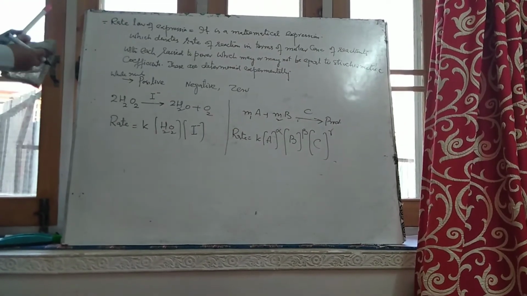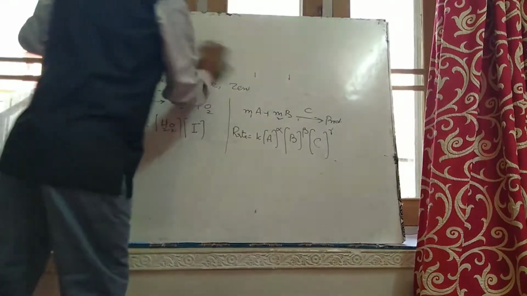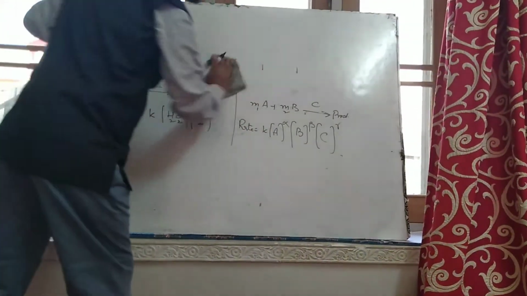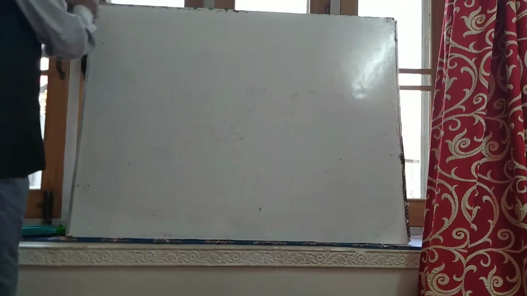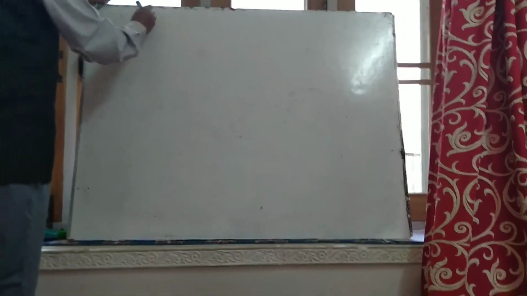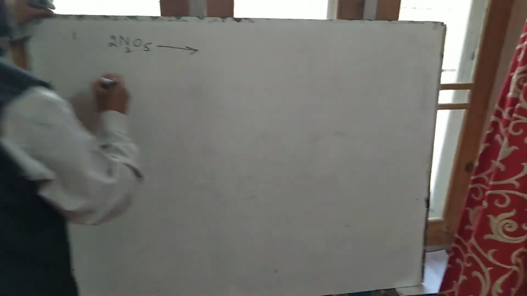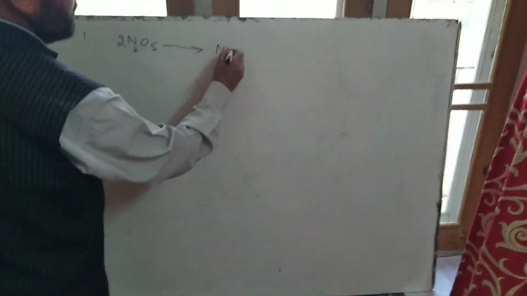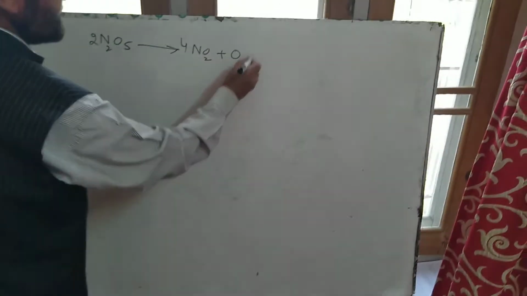For example, I will write an equation here: nitrogen pentoxide N2O5 gives NO2 plus O2. This is the reaction.